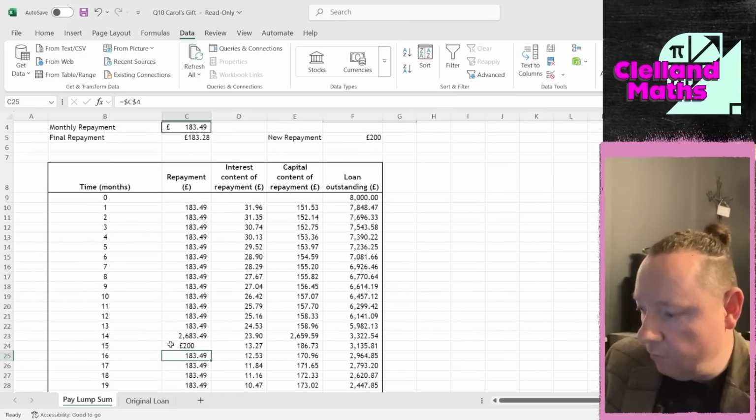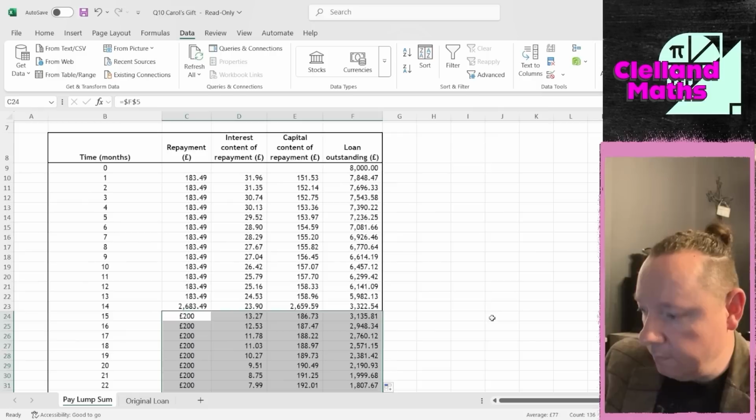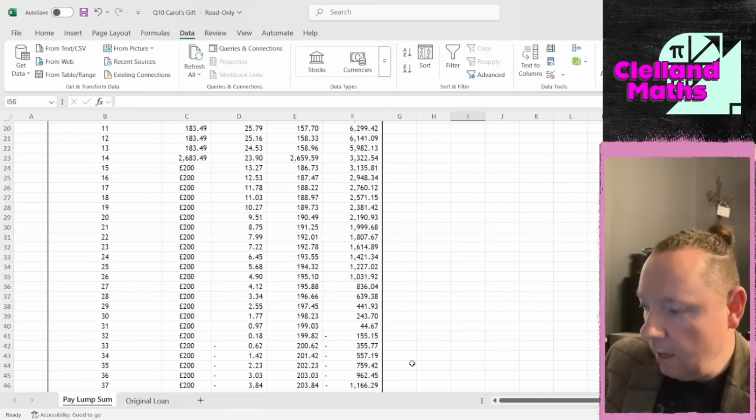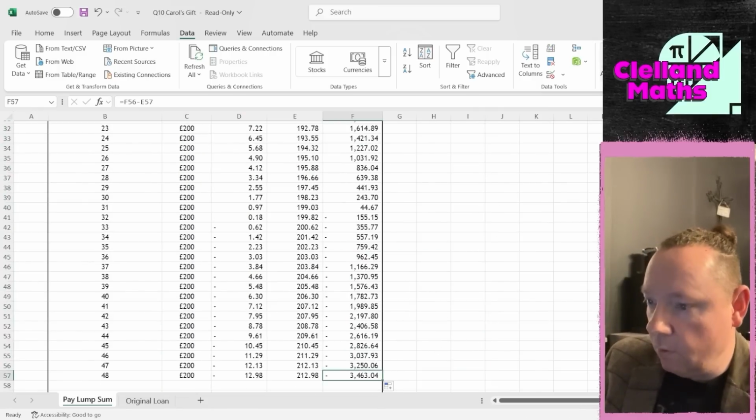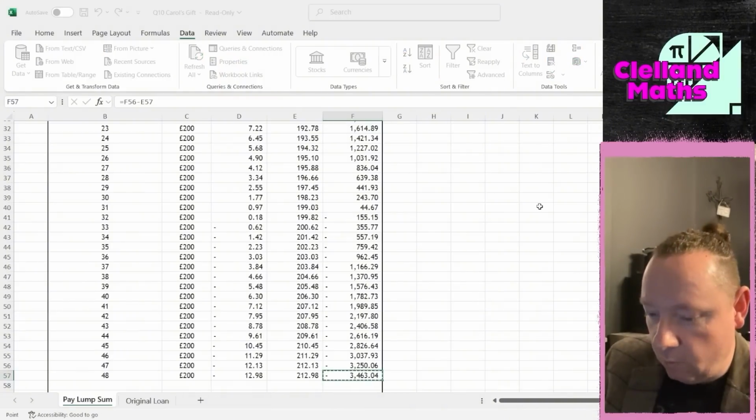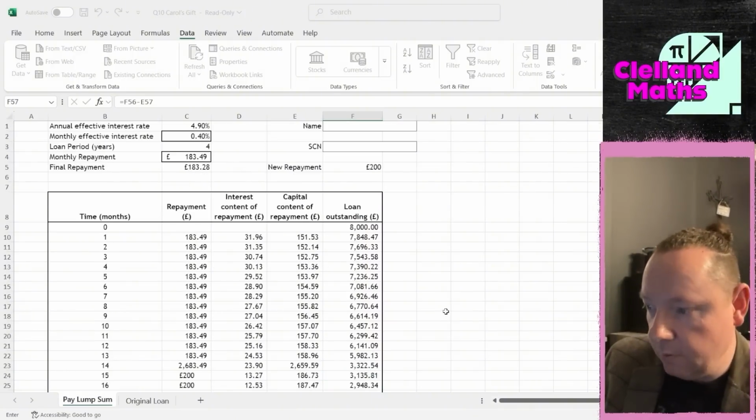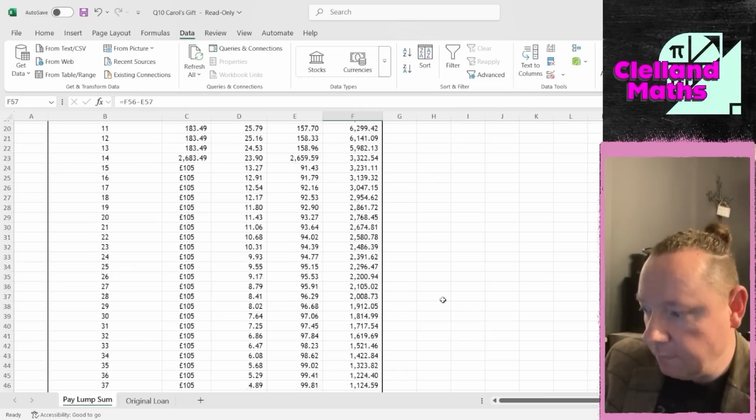And we'll just copy that down from there. You can just double click there if you want. And let's goal seek. What if analysis? Goal seek. We still want that to be 0 by changing our new repayment. So it does some work and we get £105 exactly.